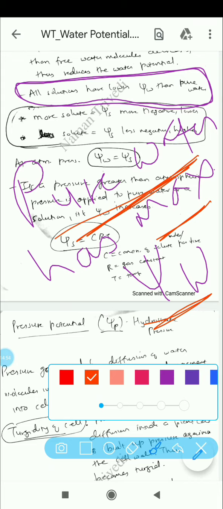Pure water has maximum psi W. Remember that. You need to know one thing: more solute means psi s is more negative, and less solute means psi s is less negative.